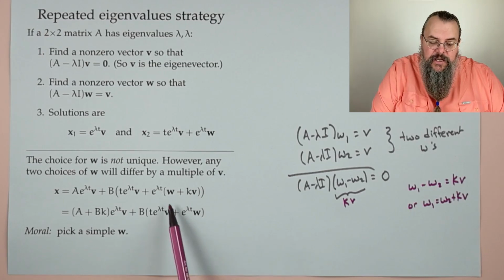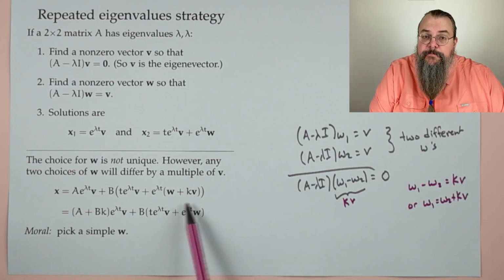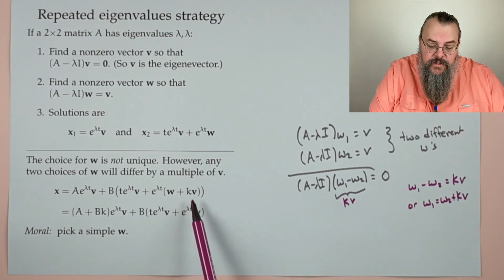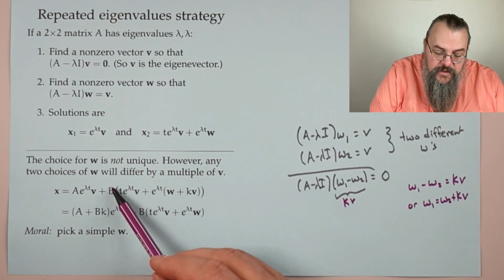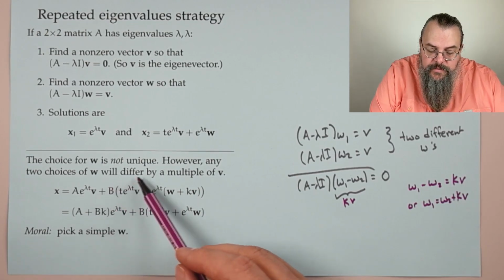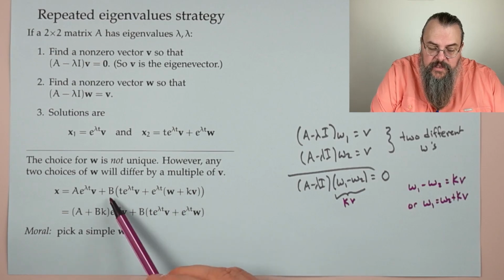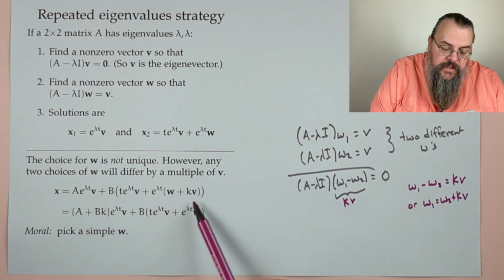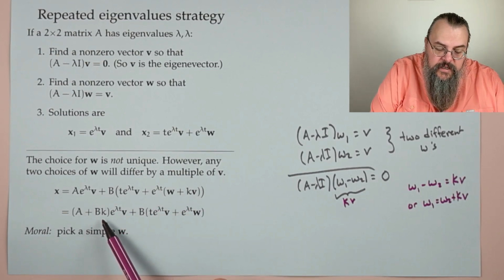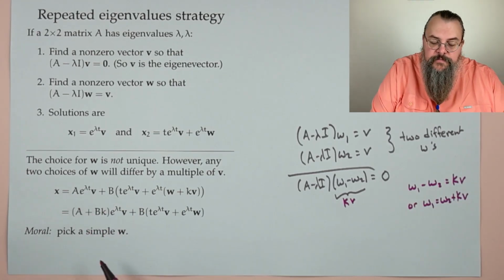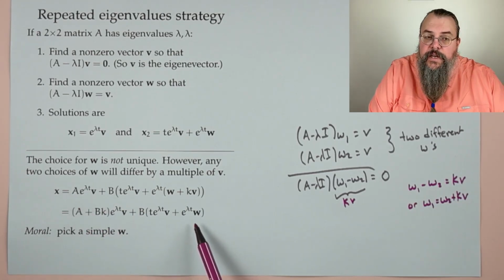And so if you added a multiple of v, well, the punchline is you could distribute your constant in. Here b is a constant. Then you can move it to the first term, and then you have what you had before.